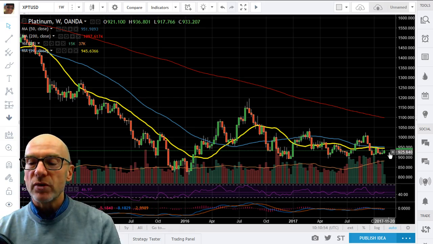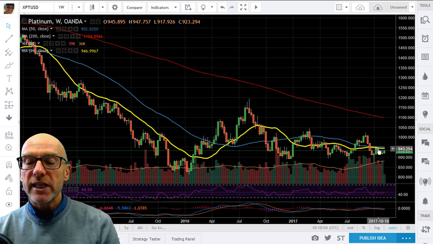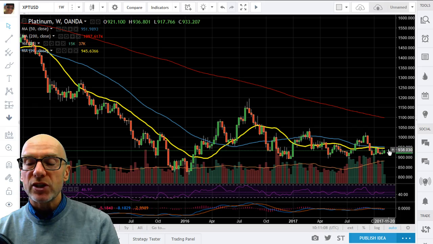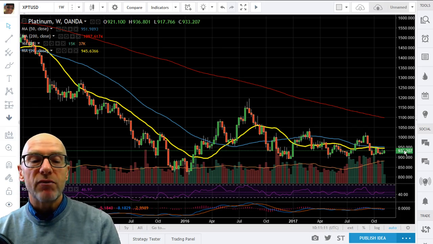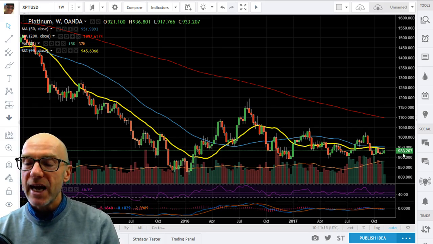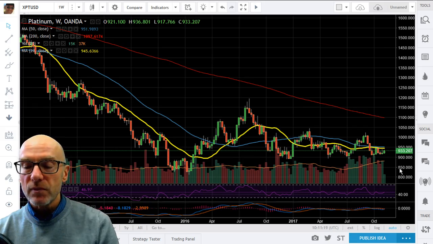Added to that, on this weekly picture, you can see that the moving averages, the 20, which is the yellow line, and the 50, which is the blue line, are moving down, and they will create resistance. They're presently at 945.64 and 951.99, so they will cause resistance on the upside.